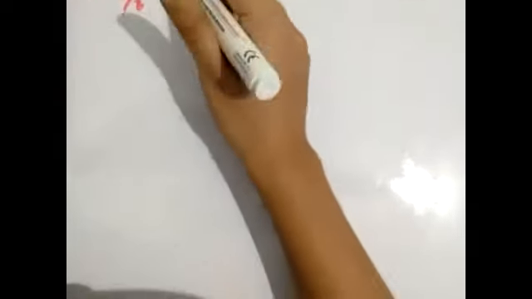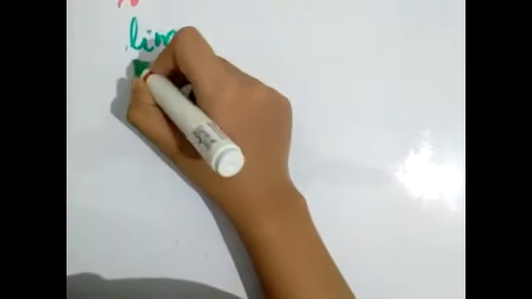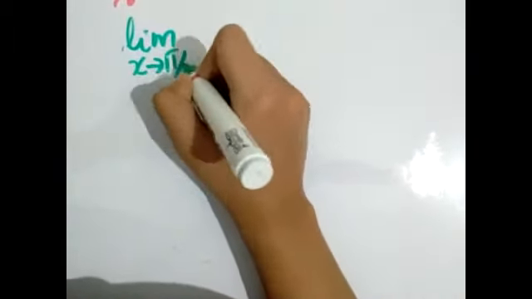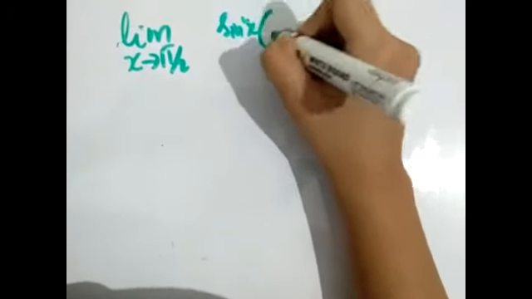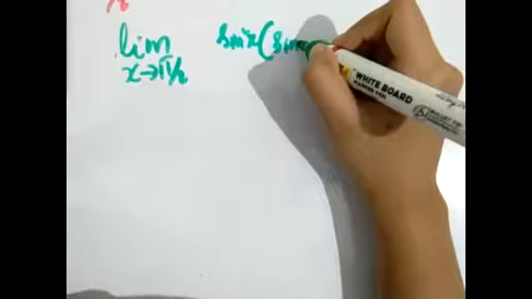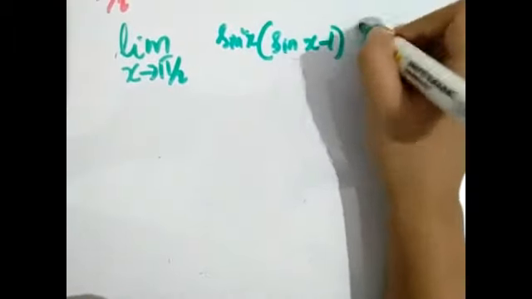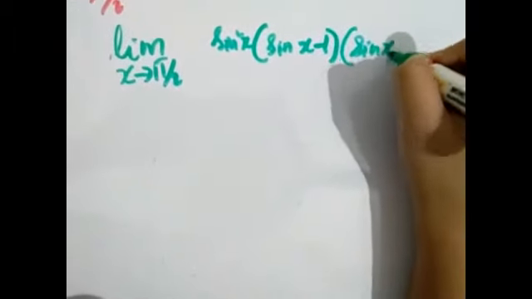Next, in the next step, what I get is limit x tends to pi by 2, I had sine square x, sine x minus 1, sine x minus 2.